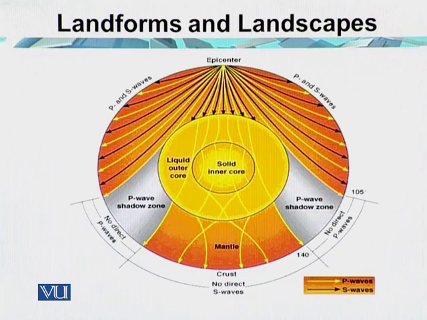Between 140 and 220 degrees from an earthquake, another refraction was recognized by Lehmann in 1936, resulting from a sudden increase in P wave velocities at a depth of 5,150 kilometers. This velocity increase is consistent with a change from a molten outer core to a solid inner core. So S waves are detected up to 105 degrees around the Earth's surface.